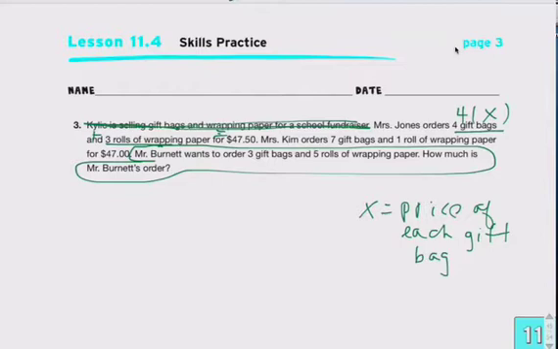And 3 rolls of wrapping paper. So that's 3y. So y is the price, 3 times the price of the wrapping paper. You add these two after you multiply, you should get 47.50. So y equals the price of the wrapping paper.